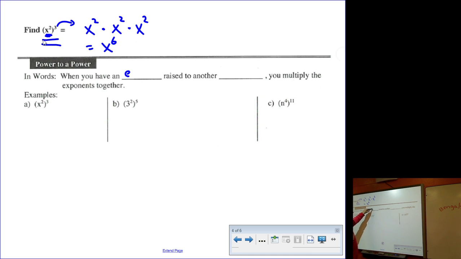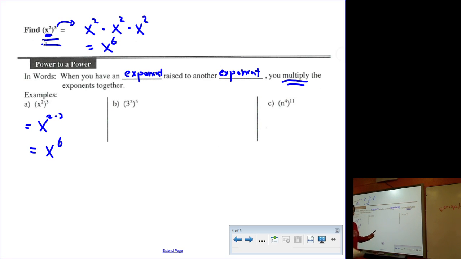When you have an exponent raised to another exponent, you multiply the exponents together. So the example we just did, I could do in 1 step by saying x to the 2nd power to the 3rd power would really be x to the 2 times 3. I am multiplying the exponents together. And that gives me x to the 6th power.